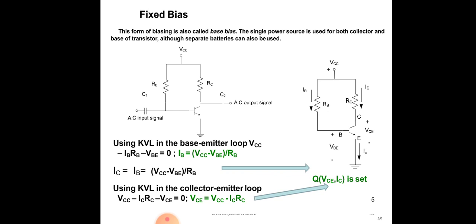So from that you can write IB is equal to VCC minus VBE by RB, and IC is equal to beta IB.